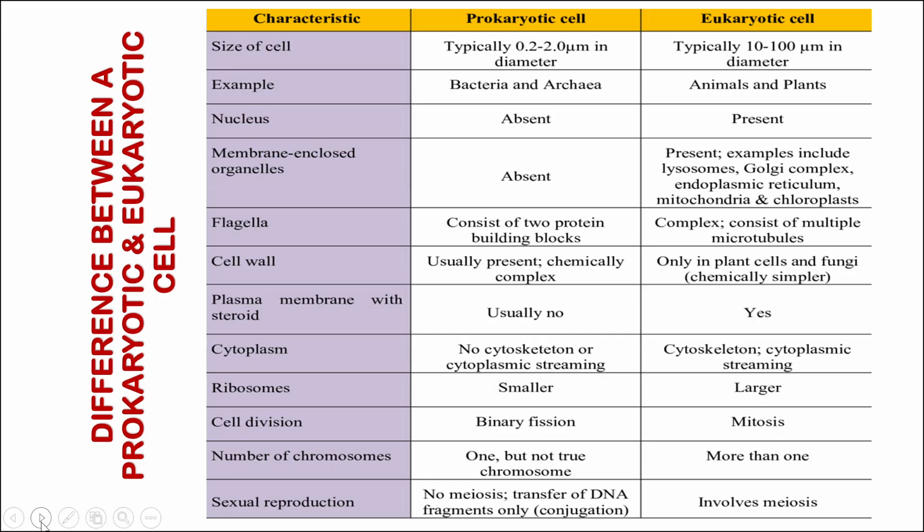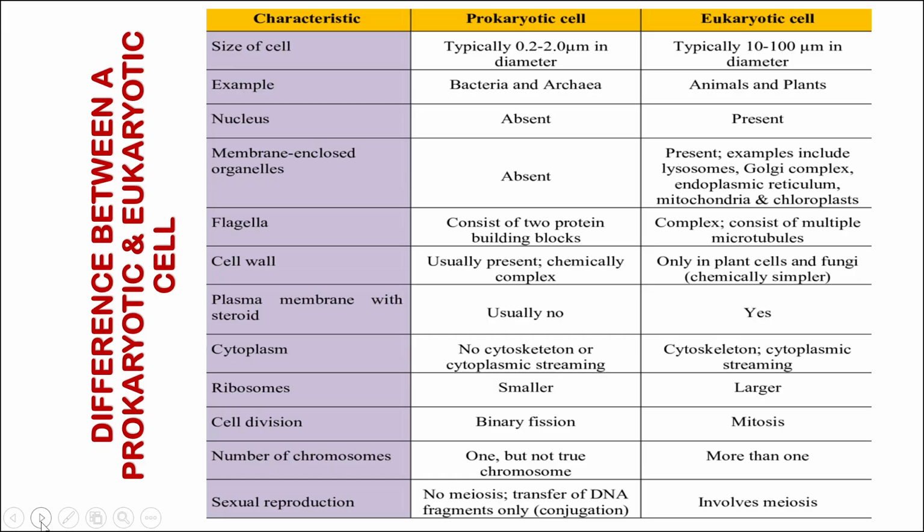The plasma membrane with steroid is absent in the prokaryotic cell, which is present in the eukaryotic cell. In the cytoplasm, there is no cytoskeleton or cytoplasmic streaming, whereas in eukaryotic cells there are cytoskeletons and cytoplasmic streaming. Ribosomes are smaller in prokaryotic cells and larger in eukaryotic cells.